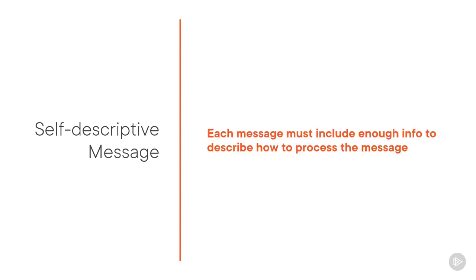The third subconstraint is the self-descriptive message constraint. This states that each message must include enough information to describe how to process it. When a consumer requests data from an API, we send a request message. When it gets back data, that's a response message. That message has headers and a body.